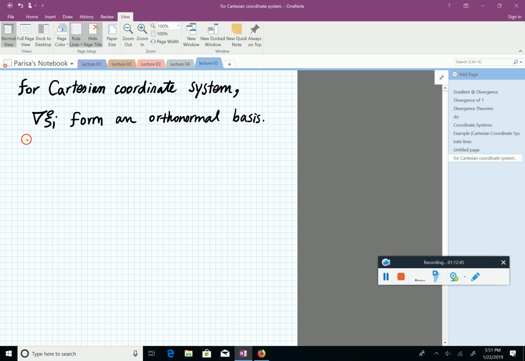Another thing is that these are constant. Because we found out that the gradient is equal to the unit vector, the gradients are constant.